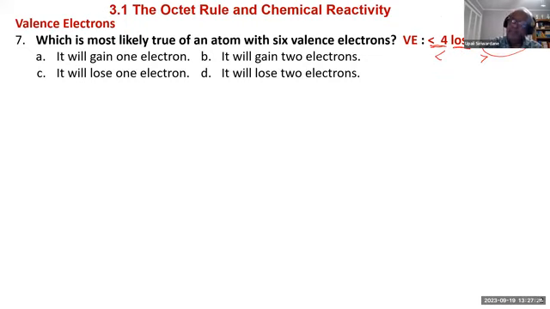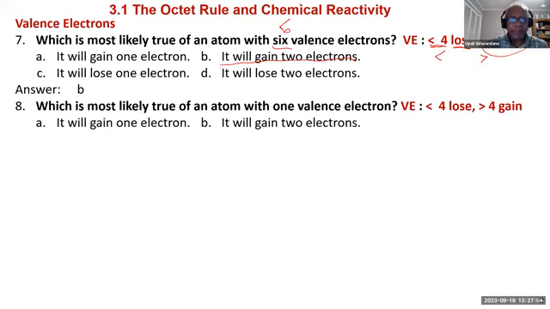If greater, and 6 is greater, they will gain. How many electrons will they gain? 2. Therefore, it will gain 2 electrons. That's the correct answer. If there are 6 valence electrons, they will make an ion by gaining exactly 2 electrons. Answer is B.